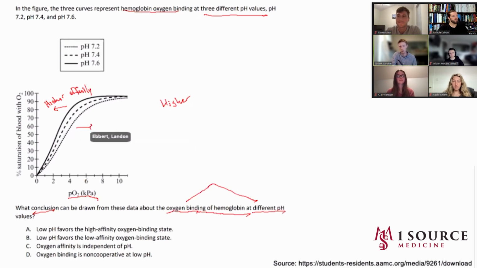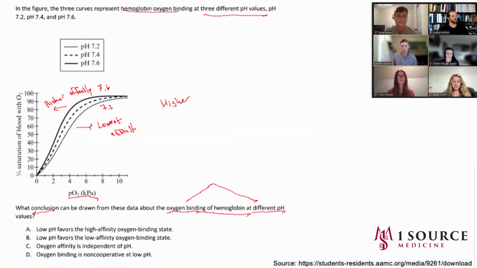So if we were comparing these three curves, we would say the curve on the right is going to have the lowest affinity for oxygen. And if we look at the legend, 7.2 is on the right, so it has the lowest affinity. And on the left, it's going to be the highest pH. So it looks like higher affinity follows higher pHs, and the lower affinities will be lower pHs.